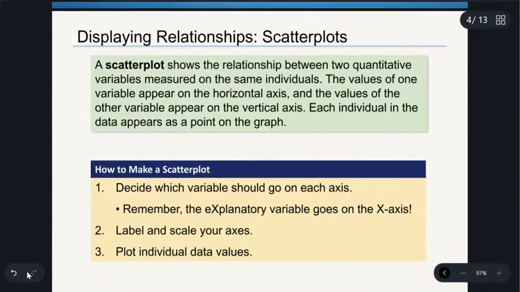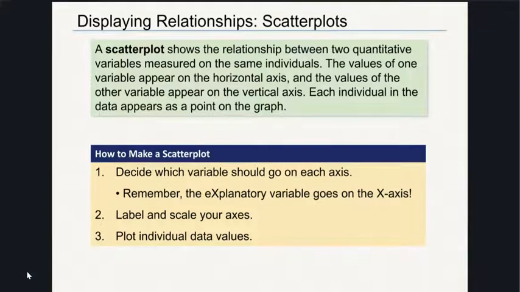So when we make a scatter plot, we're going to be comparing two quantitative variables, the explanatory variable and the response variable. So what we need to look at is identifying which one is the explanatory and which one is the response. Now, when we talk about correlation, you can have either variable be the explanatory or the response, because the correlation is going to give you the same value.